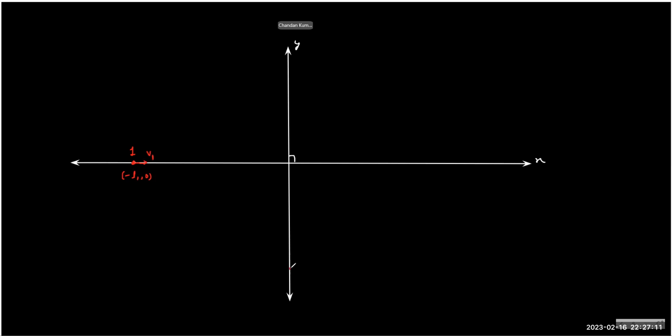The other particle is here with coordinate 0, minus L2, moving upward with constant velocity v2. The question is, what will be the minimum separation between the particles? Find D minimum.